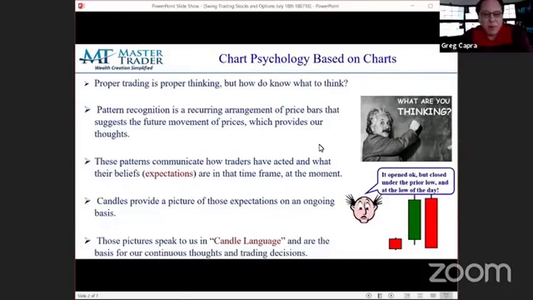As you look at that from the point of view of bar by bar analysis, ask yourself, what did you think on the first bar, the second bar, and then the third bar? Not that you saw them all at the same time, but as they were created. And you can see and feel how your thoughts and even your emotions change.